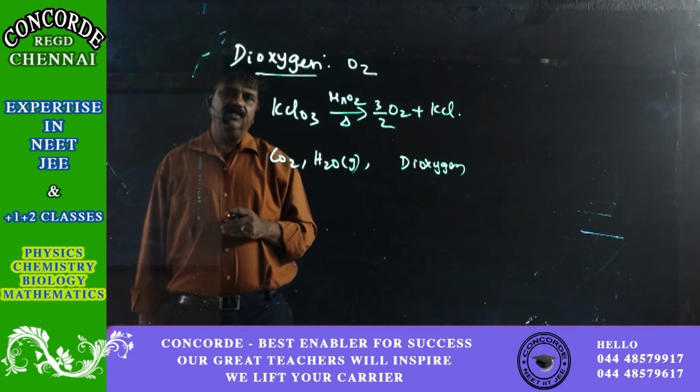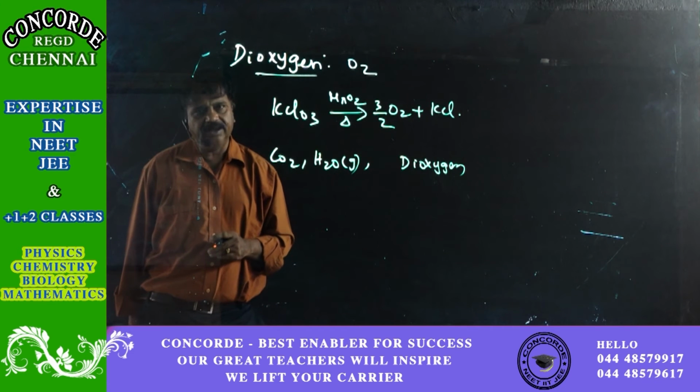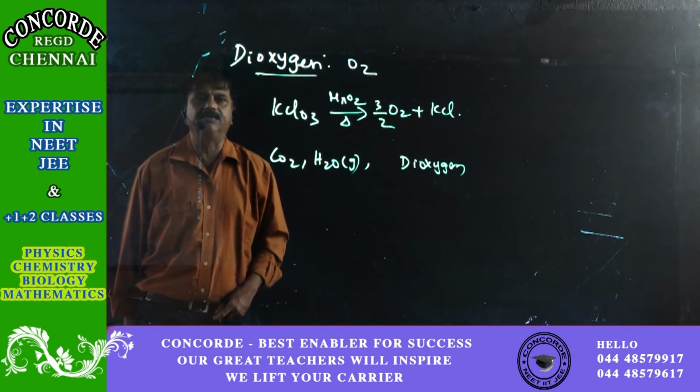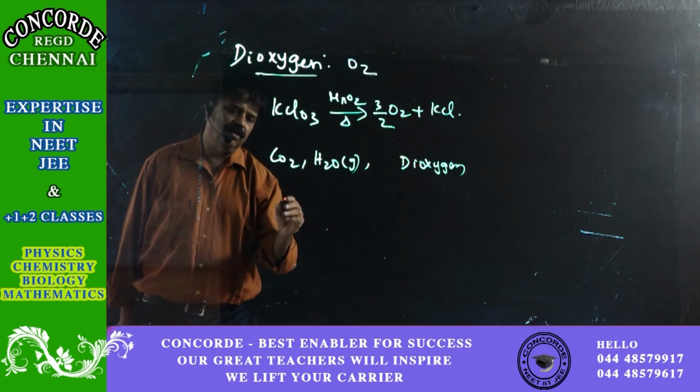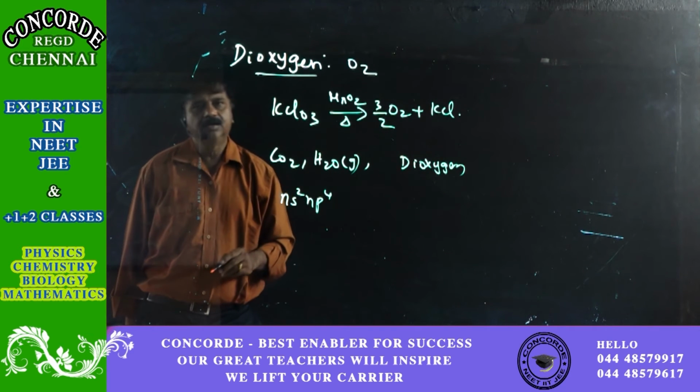Oxygen has a lot of commercial uses. Property-wise, it is highly electronegative. It has the configuration ns2 np4.